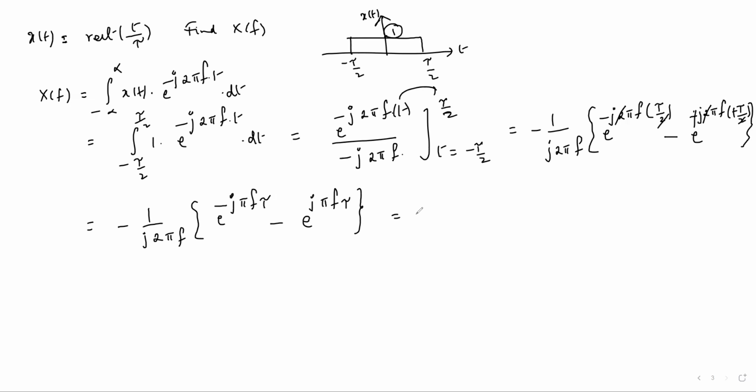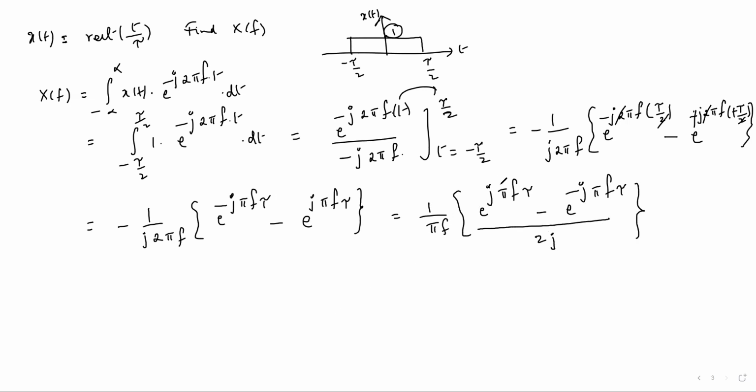Further, after multiplying minus inside, we are getting 1 by pi f, I'll write outside, and e to the power of j pi f tau minus e to the power of minus j pi f tau divided by 2j.